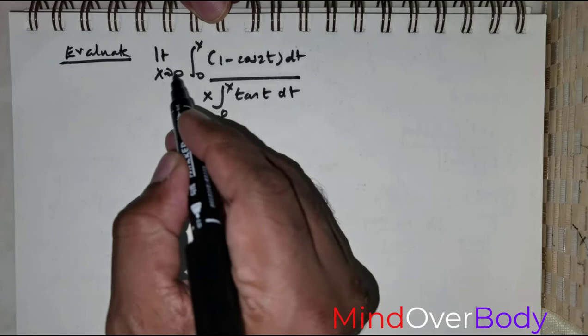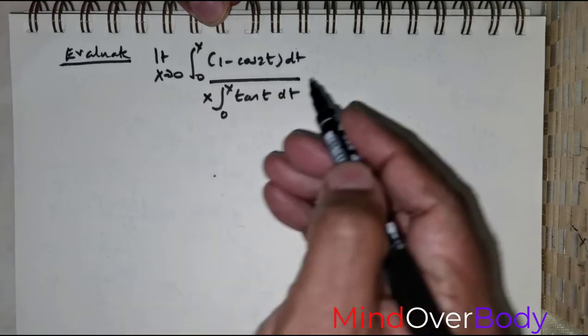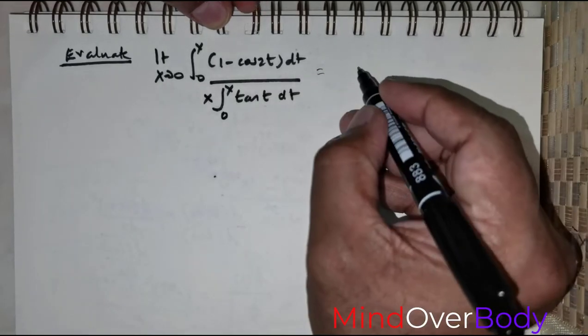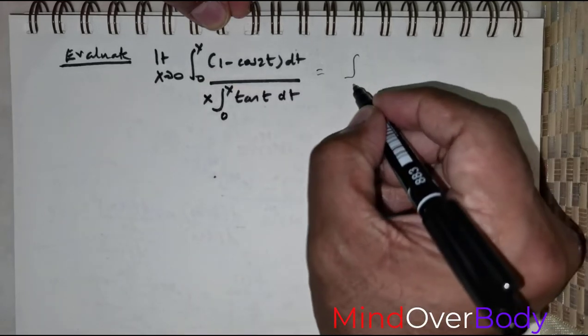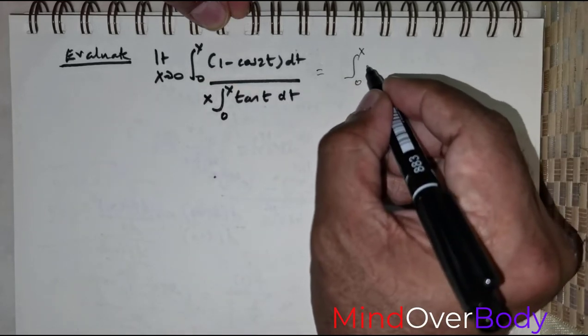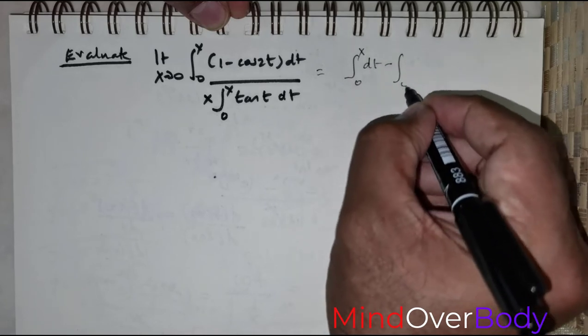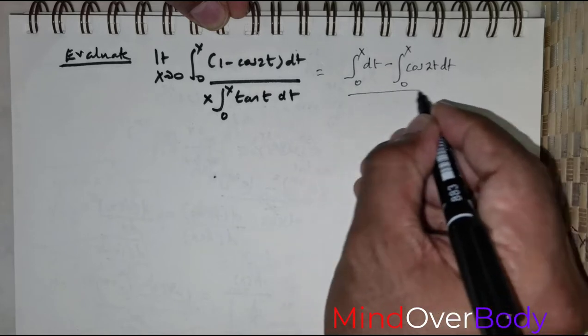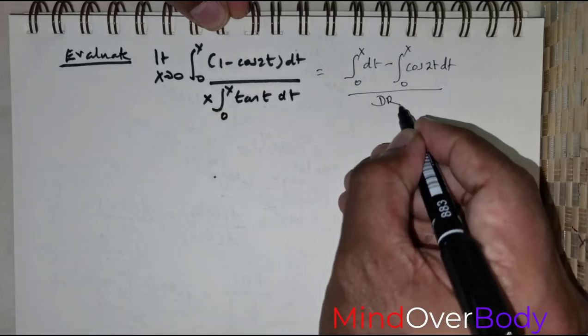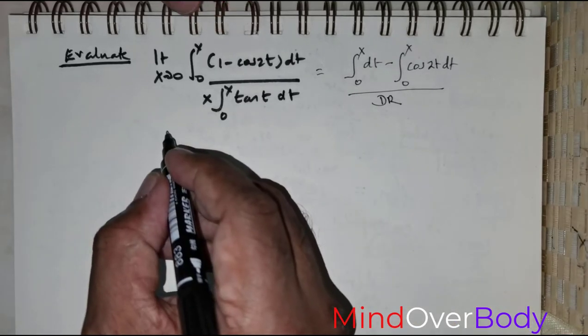So for us to apply the limit in the numerator, we would have to first integrate it. So this is rewritten as integral 0 to x dt negative integral 0 to x cos 2t times dt. I'm not doing anything with the denominator. Let me retain it as it is.